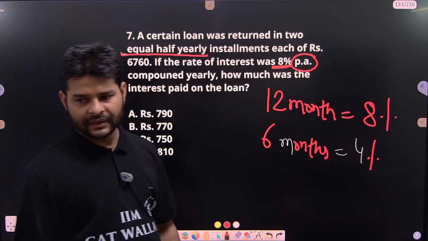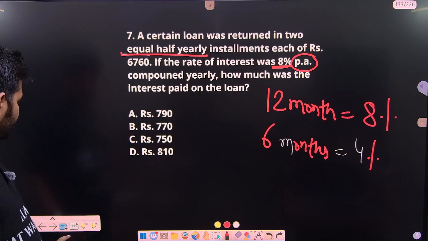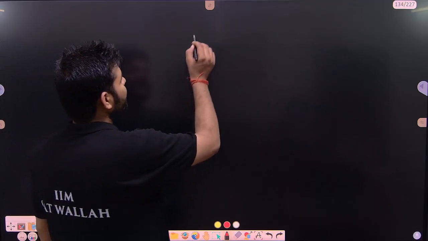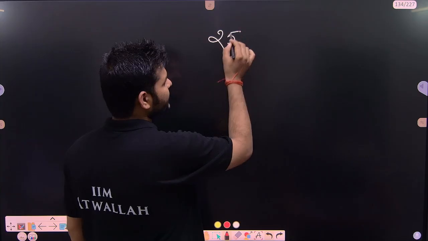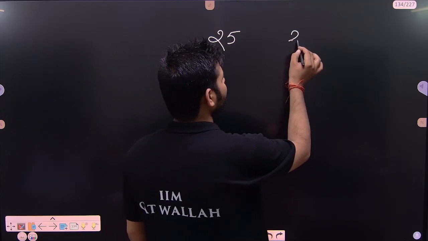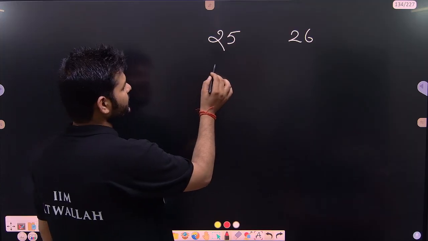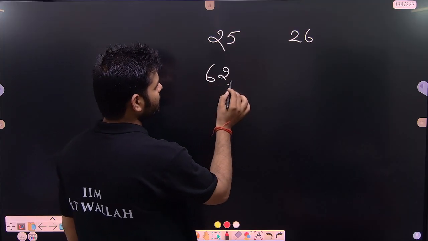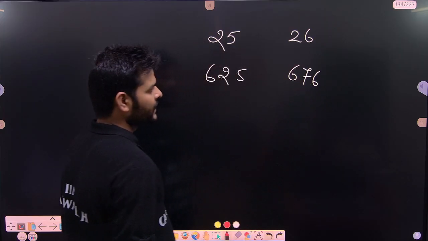Now you can plug in. So 4% means 1 by 25. If 25 is my principal, it will become 26 after the first period, and after the second period it will become 625 to 676.